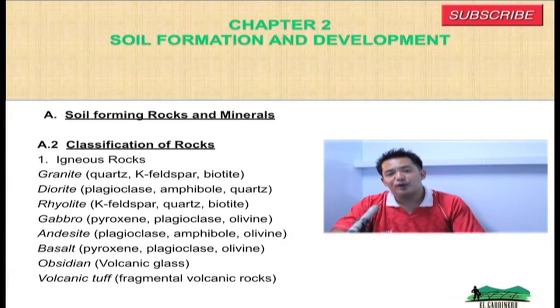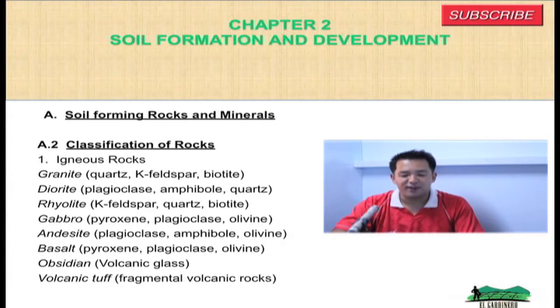Okay, we'll talk further about the igneous rock. So examples are the following. The first one is granite. It is composed of quartz and some potassium feldspars and biotite. Another example is the diorite. Examples like plagioclase, amphiboles, and quartz.